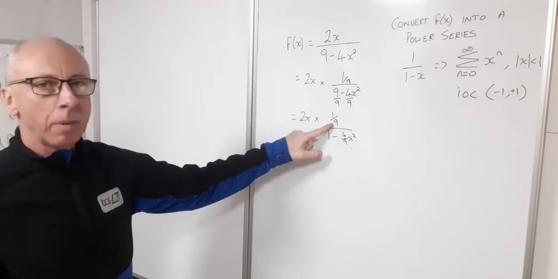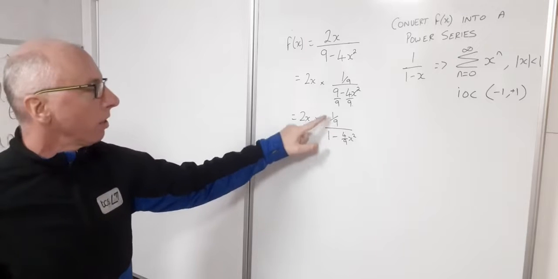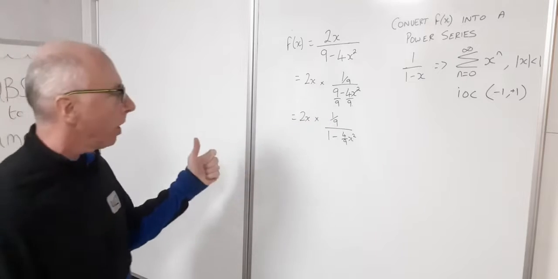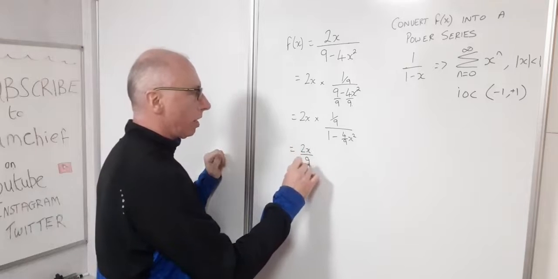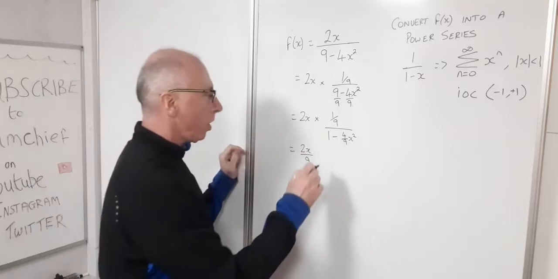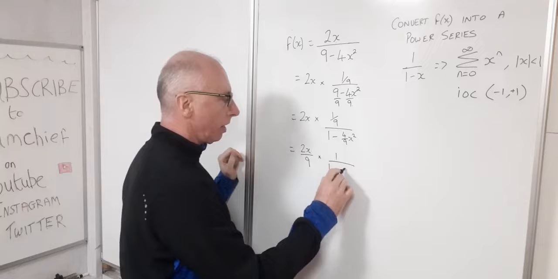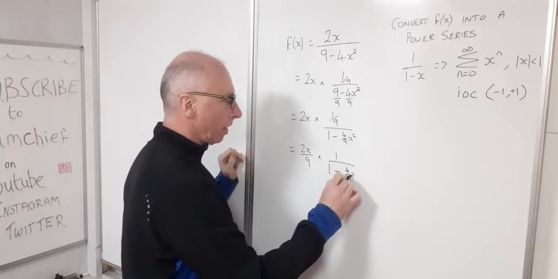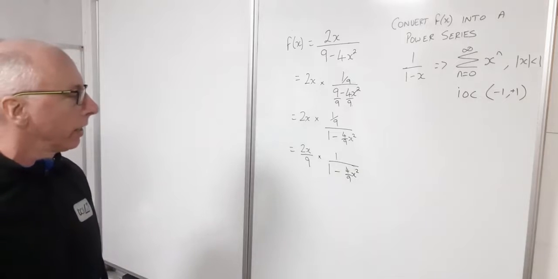Now to get the 1 back in this, I'll just take this 9th out, then I'll be left with a 1 and a 1, which is my goal. So now I'll have 2x over 9, bringing this out to here, and then I can write this with a 1 in my numerator, 1 in my denominator, and 4/9 x squared. So we're well on the way.